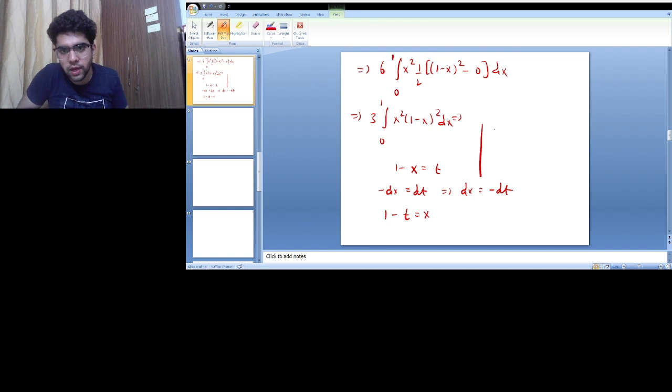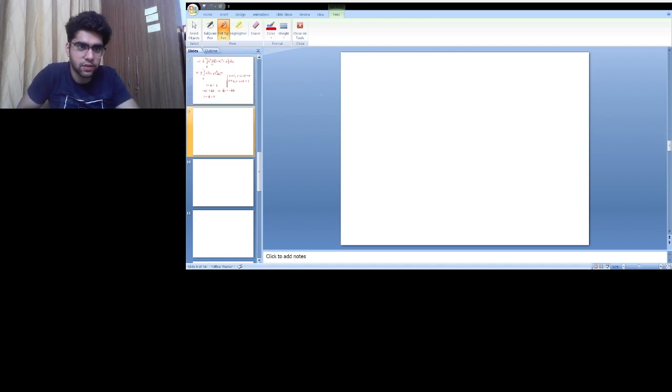When my x was going to 1, my 1 minus x, which is equal to t, goes to 0. And when my x is going to 0, my 1 minus x, which is equal to t, becomes 1. This is a very interesting concept.